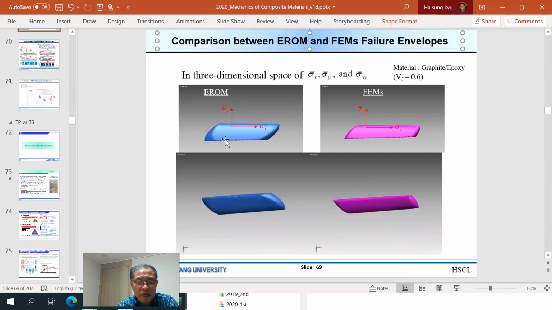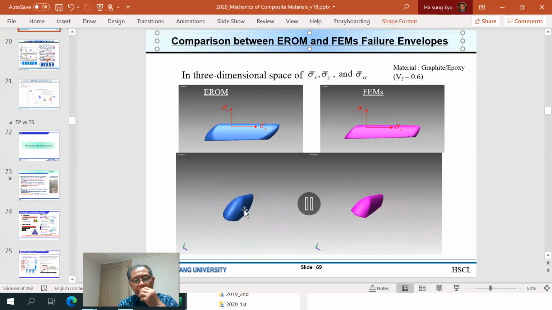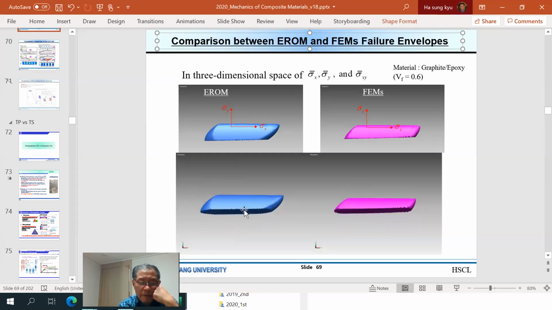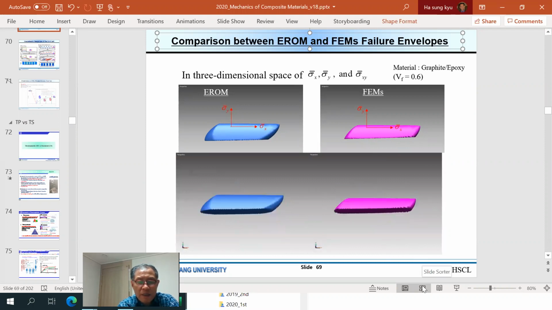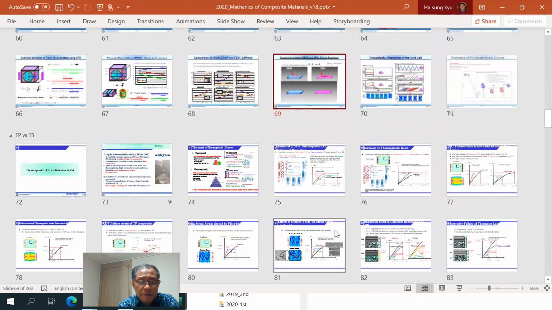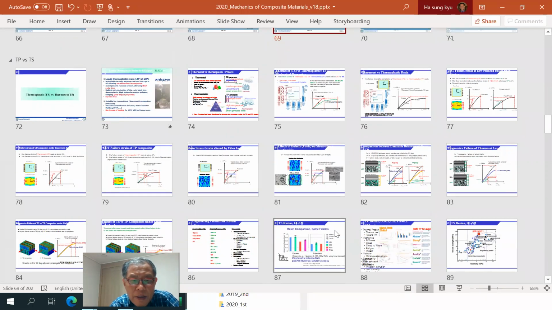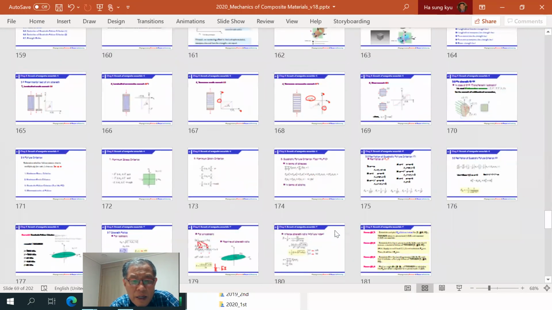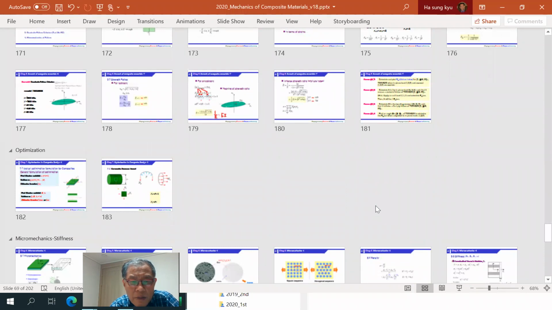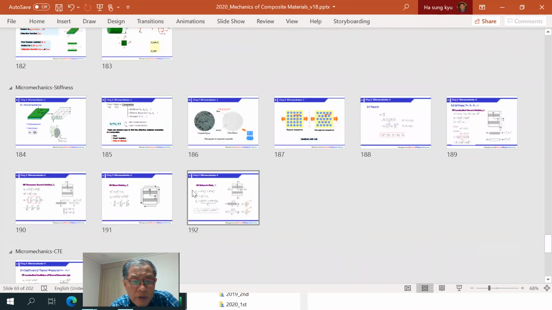So if stresses are inside this envelope or volume, then the material will not fail. But outside of this volume, the composite will fail. So that is the concept of the failure envelope. Okay, so as a continuation of the class, I'd like to cover more in micromechanics.